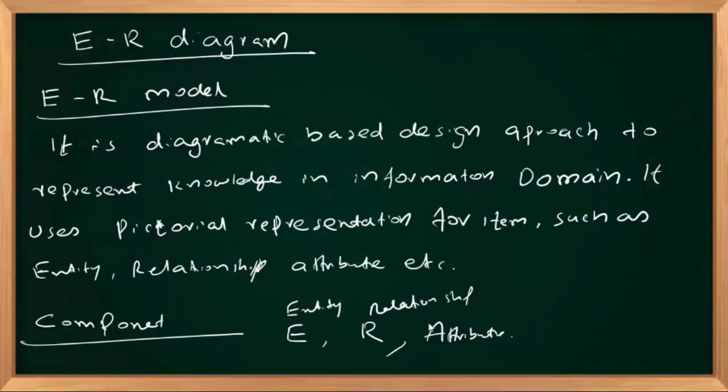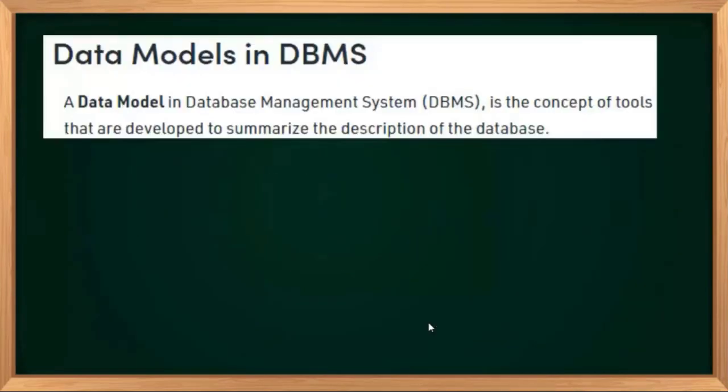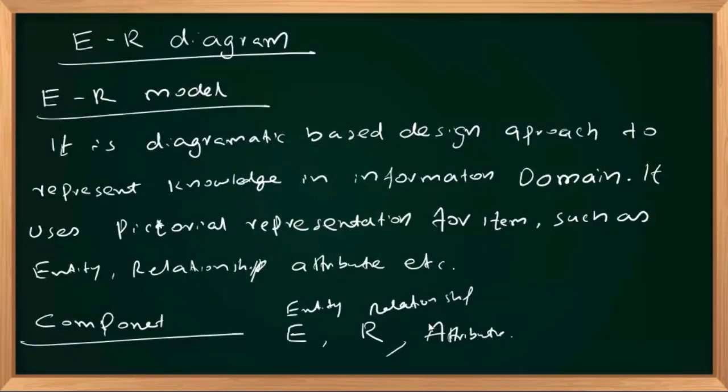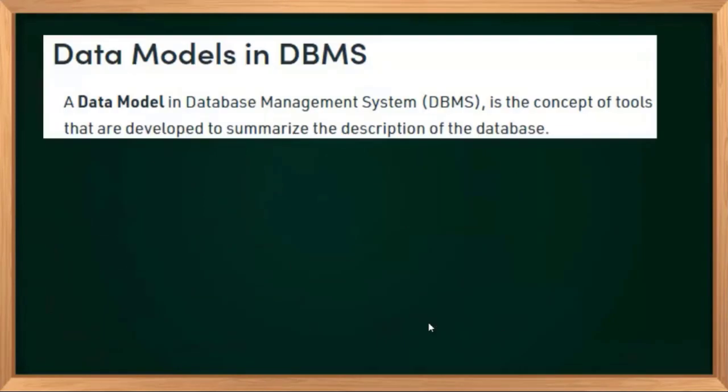Next is the ER diagram, another important thing, the ER model. I will give details about the ER diagram, but before that, another thing is the data model in database management system.